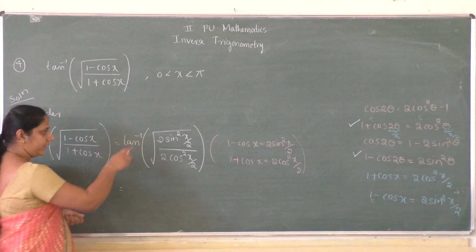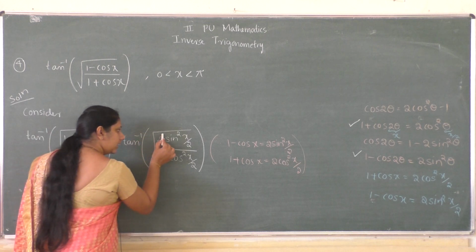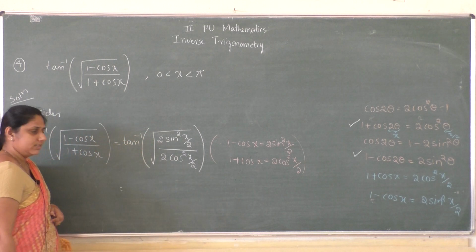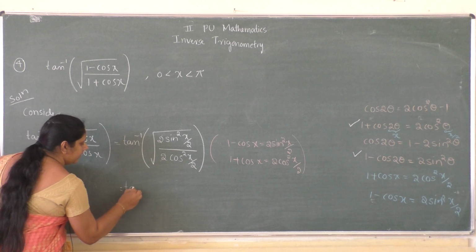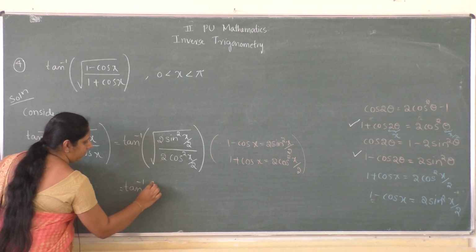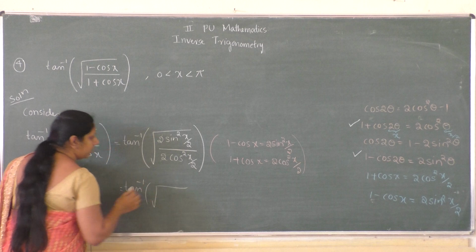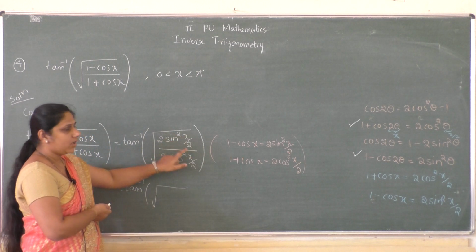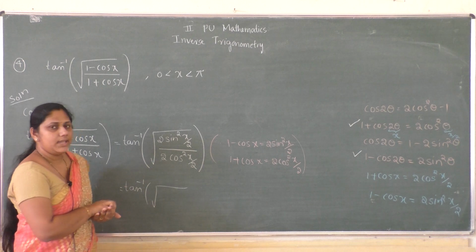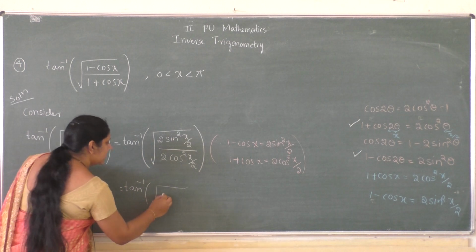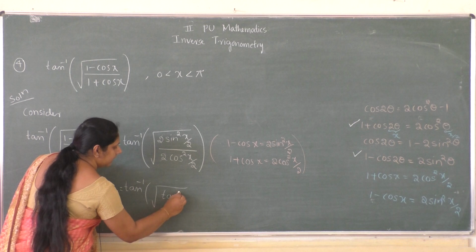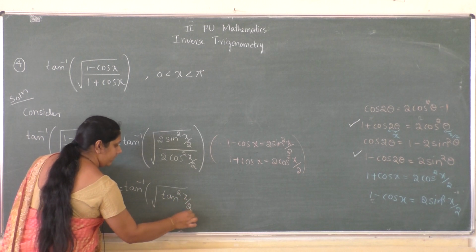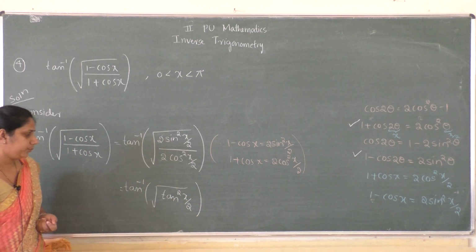Now we will simplify this term. See, these two 2s get cancelled. What are the remaining terms? It is tan inverse of root sin square x by 2 by cos square x by 2. What is sin by cos? Tan, right? So here we get tan square x by 2.